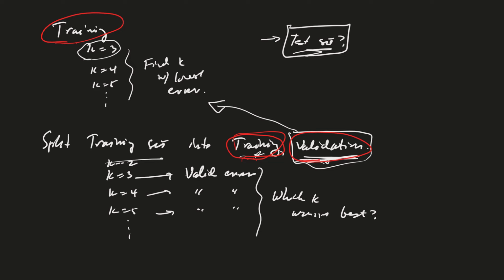So you take your training set and split it 70-30, and then test again to see which k is the best.